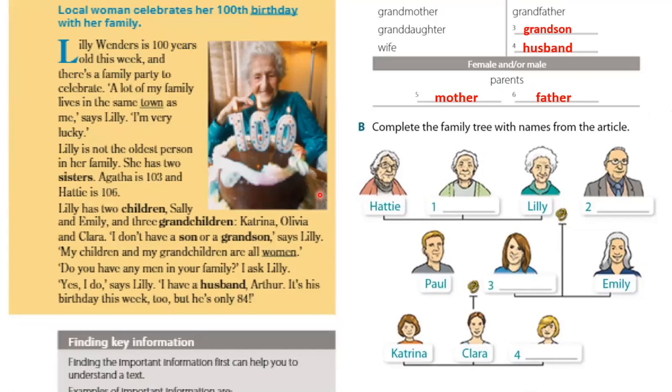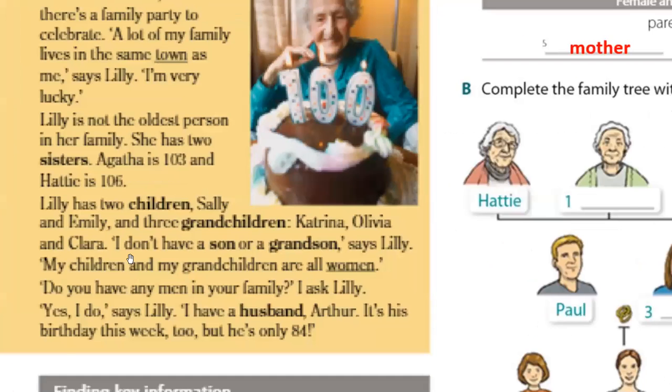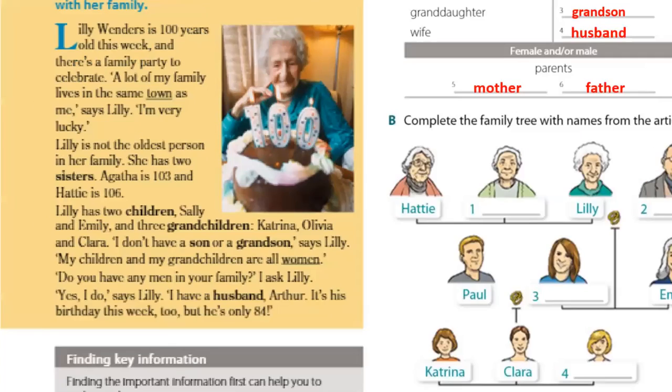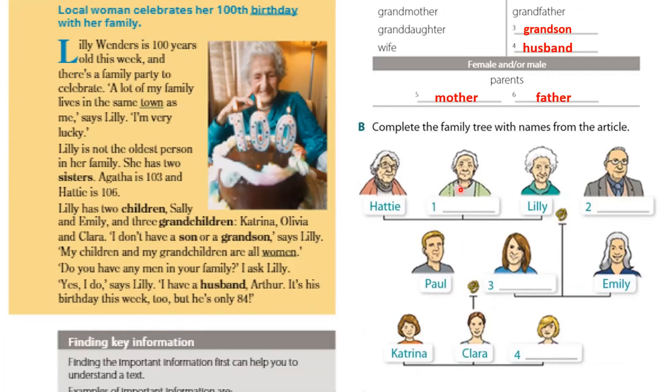And well, here we have her sister, Heidi. She has two sisters, Heidi, and her other sister is Agatha. Okay, su otra hermana es Agatha. Entonces aquí ponemos su nombre.